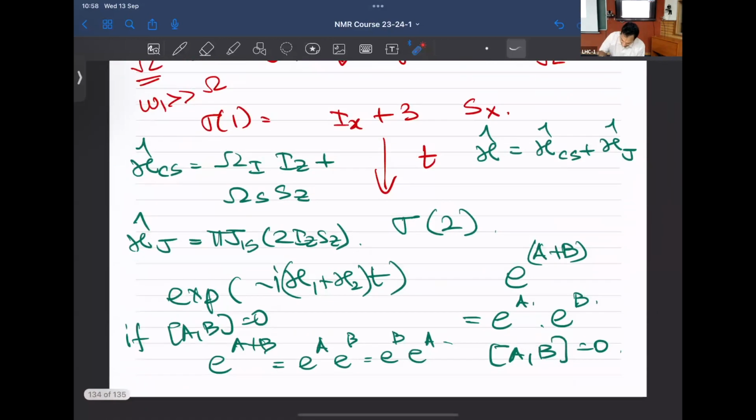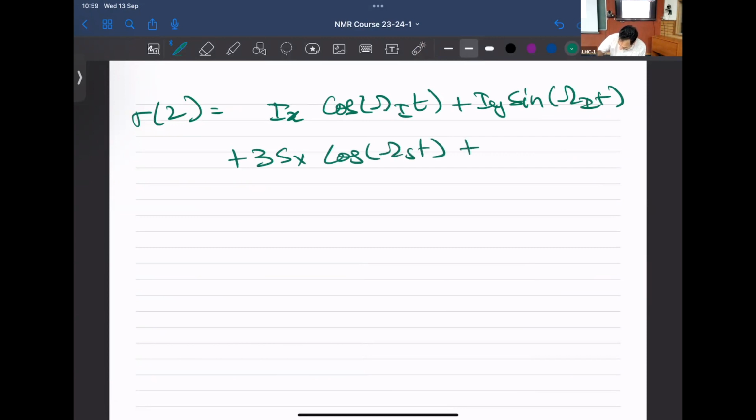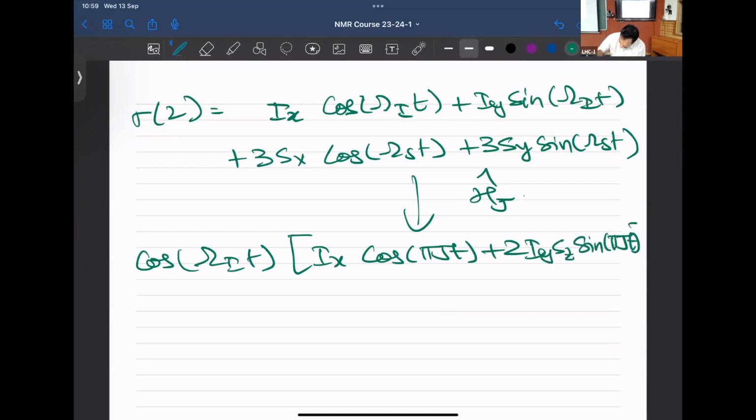What is the chemical shift going to be? It is going to be Ix cos of omega I times t plus Iy sine of omega I times t, plus Sx cos of omega S times t plus Sy sine of omega S times t, followed by the scalar coupling Hamiltonian. Cos of omega I t will be out, Ix cos pi J t plus 2 Iy Sz sine pi J t, and so on.